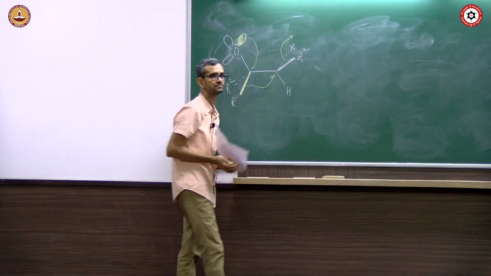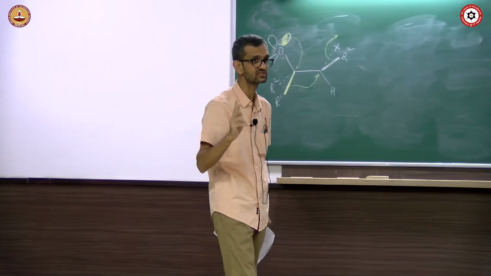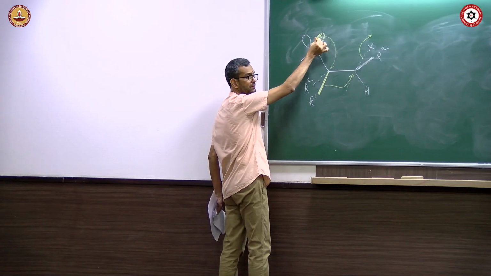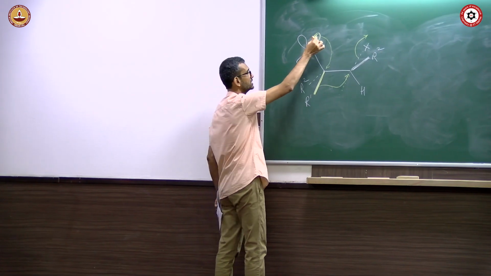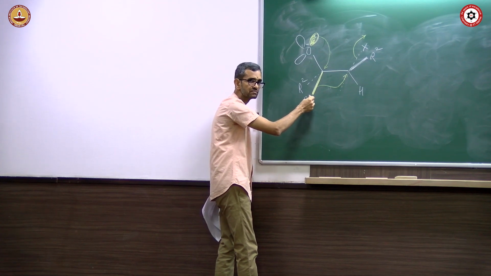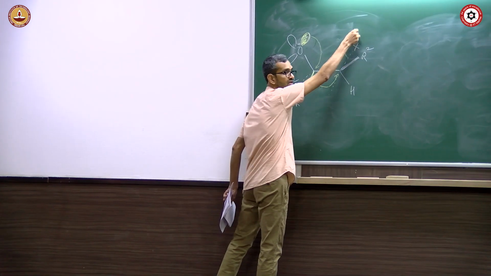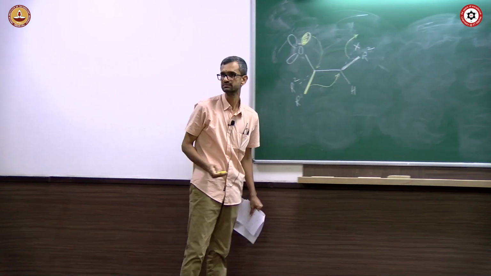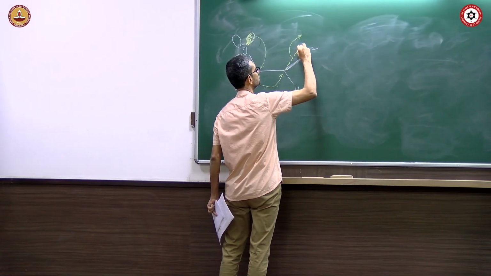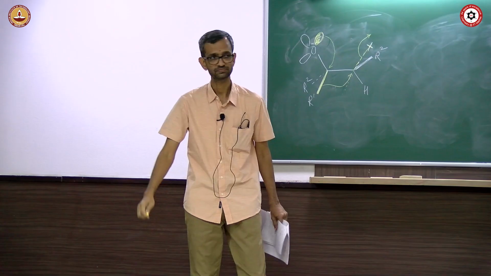Now there are two conditions you should carefully pay attention to. One is this oxygen lone pair, the electron pair, being anti-periplanar to the C-R bond, and this C-R bond being anti-periplanar to the C-X bond. Okay, so this arrangement is very, very, very crucial for a migration to happen.